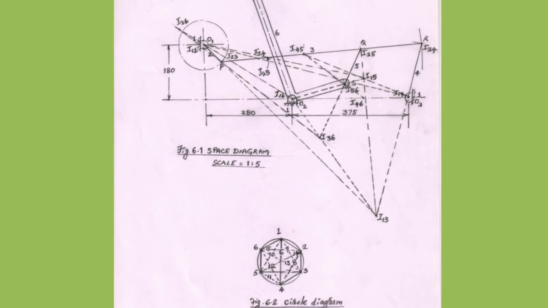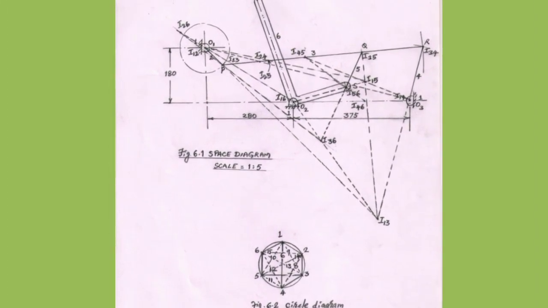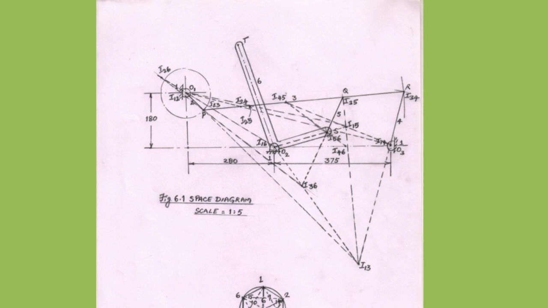So when you have the figure like this, O1P is link number 2. Can you see that big link PR? That is link number 3. RO3 is link number 4. And link number 5 is QS. And what about SO2T? That is link number 6. This figure is drawn to the scale.